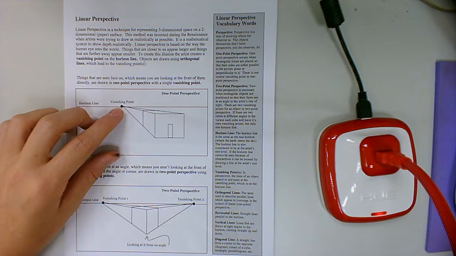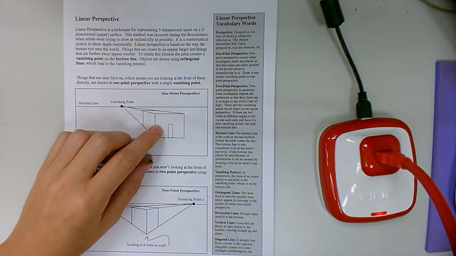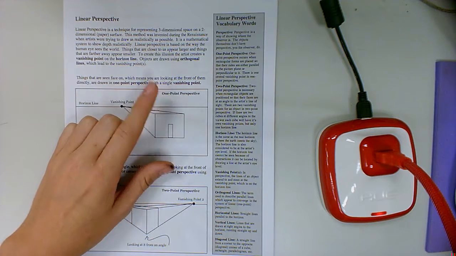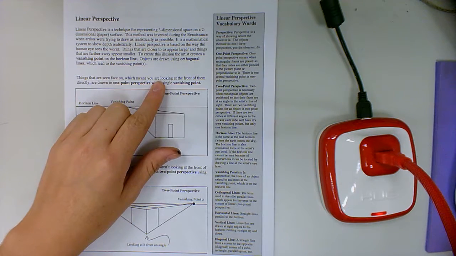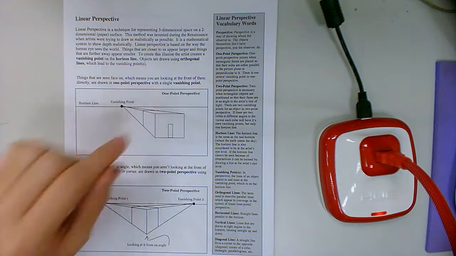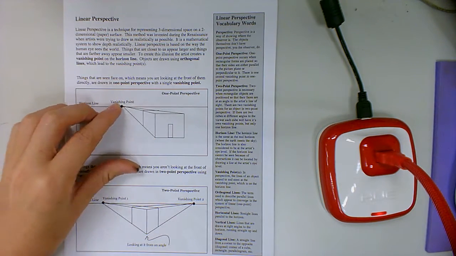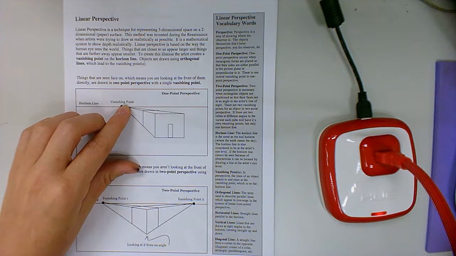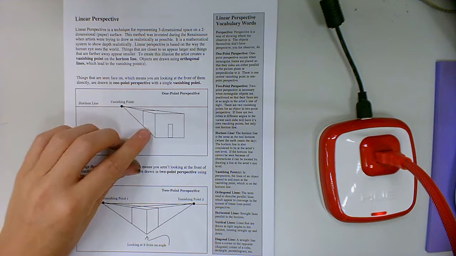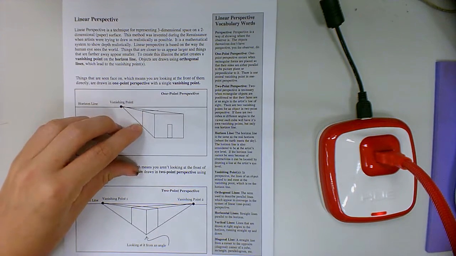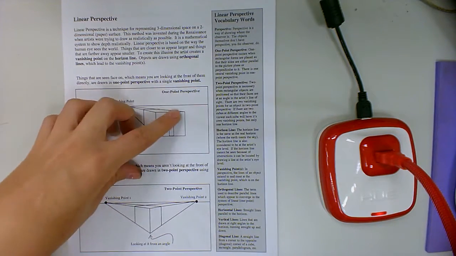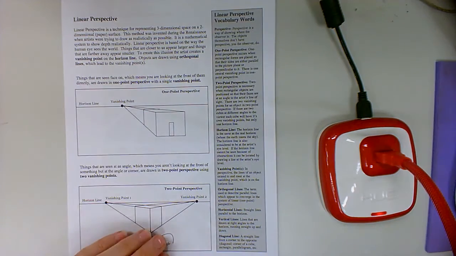The object will either be below, on, or above the horizon line. You also see that there are lines that go towards the vanishing point. These are called orthogonal lines. You have vertical and horizontal lines also in your object.